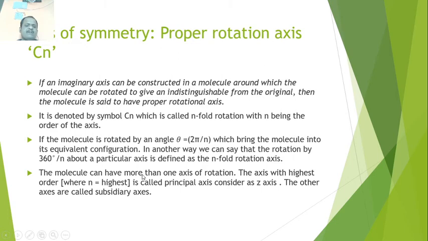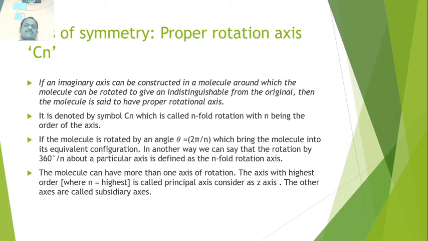When a molecule can have more than one axis of rotation, the axis with the highest order is called the principal axis. Basically, axes of symmetry are of two types. One is called a principal axis, and the other is called a subsidiary axis. To which one can we call a principal axis? When a molecule can have more than one axis of rotation, the axis with the highest order.